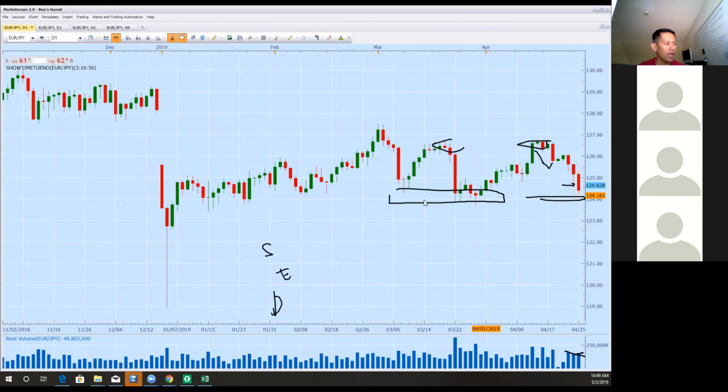Because how many times in the past, every time it reaches 124, has it rebounded to the upside? Numerous times. 1, 2, 3, 4, 5, 6, 7, 8. Currently it is approaching its ninth time.